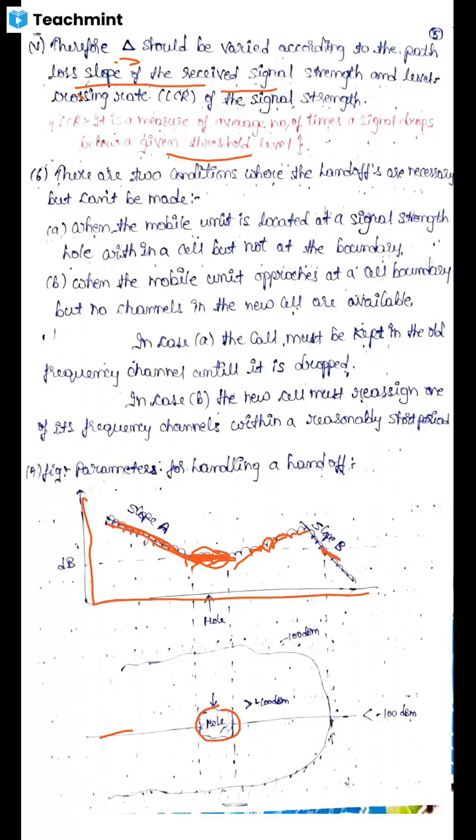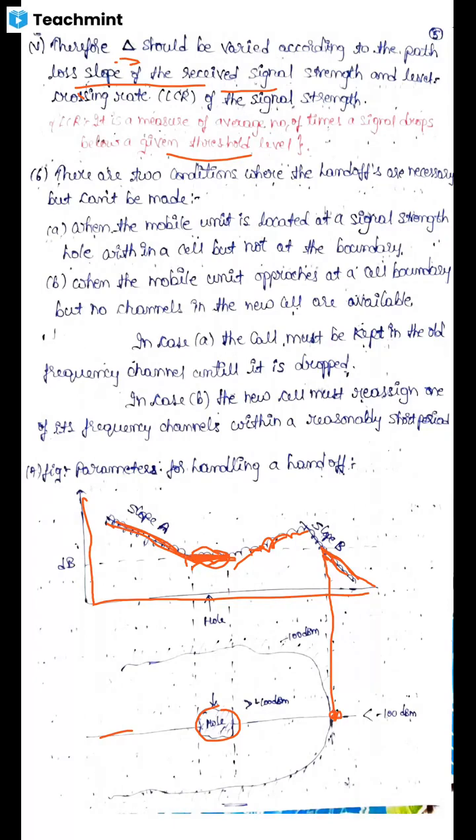See here, the path loss slope has decreased gradually. As the path loss slope is decreasing, there are weak signal spots, so we should apply handoff. A weak signal spot represents the boundary condition, and here we apply the handoff procedure.